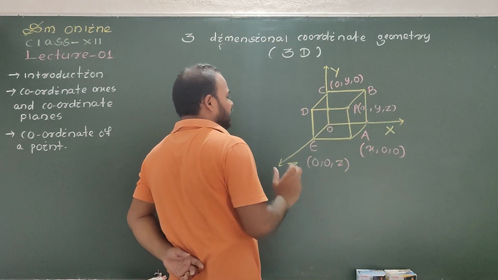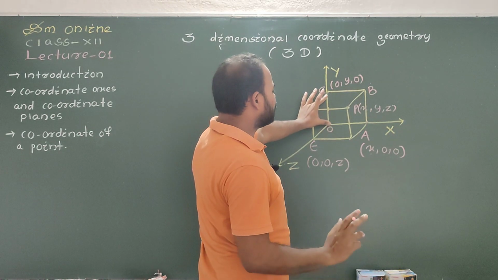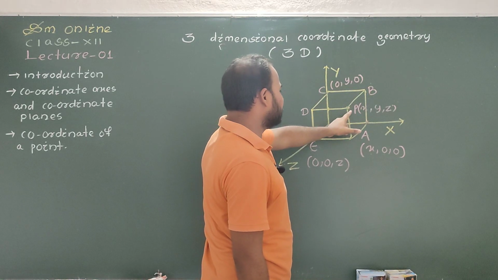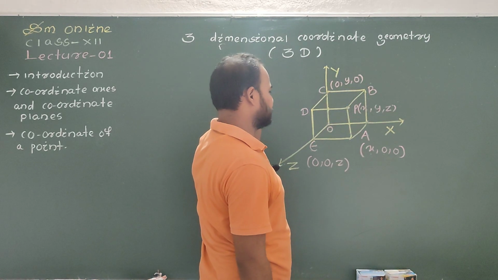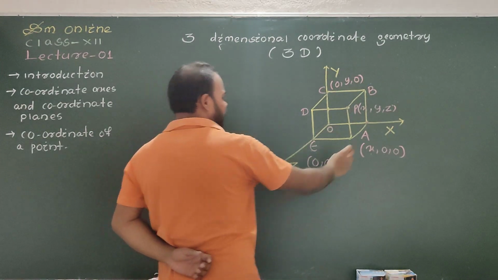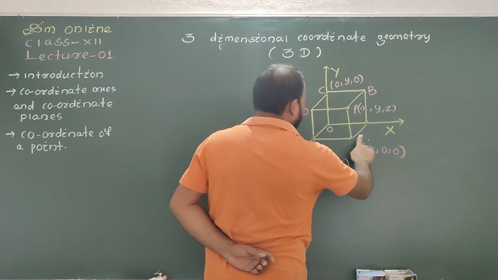This is y, because it is the distance from origin to the feet of the perpendicular drawn from the point P on y-axis. Okay, and it is z.